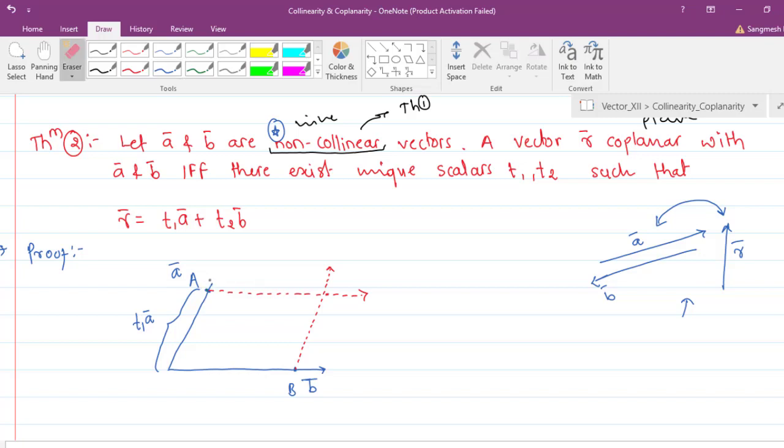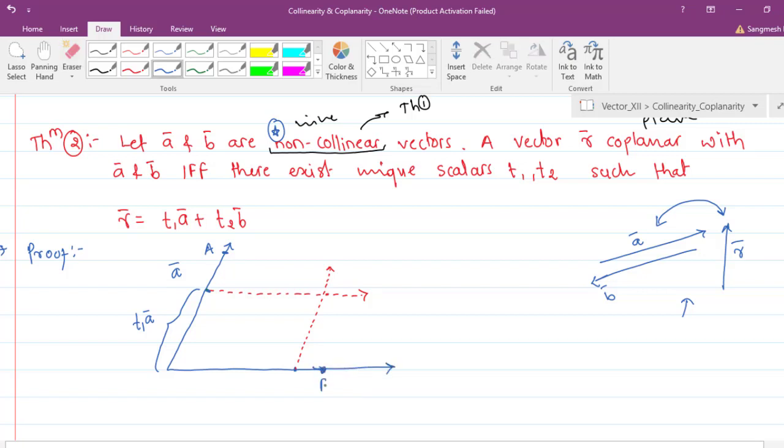Okay, let me change this. Suppose this is a point A we are having here, not here, and similarly we have point B somewhere next to this point.